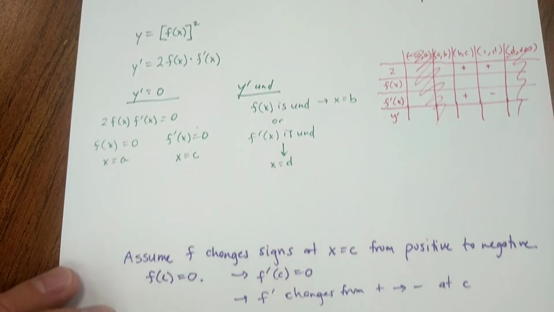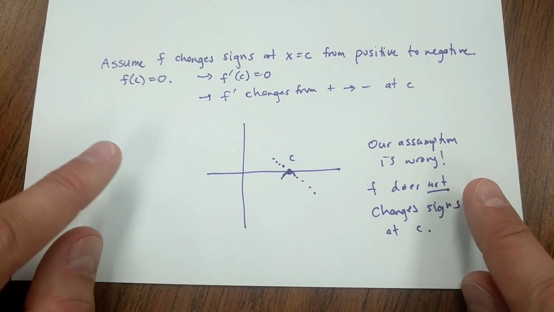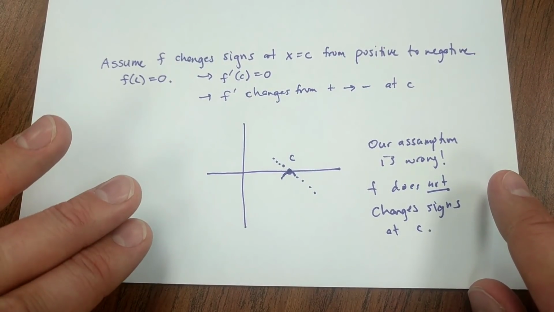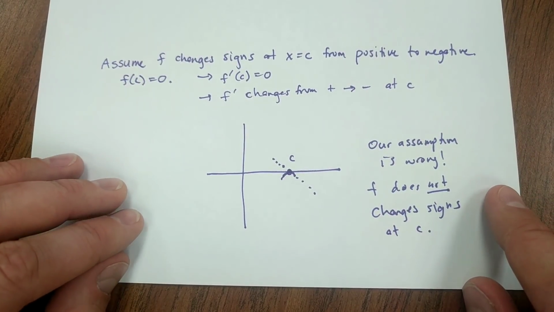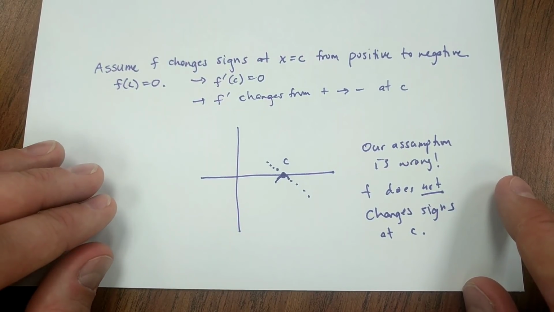So an assumption like this, that f could be changing signs when f prime is also changing signs, just doesn't work. You could try all day long, but it's not going to work out.